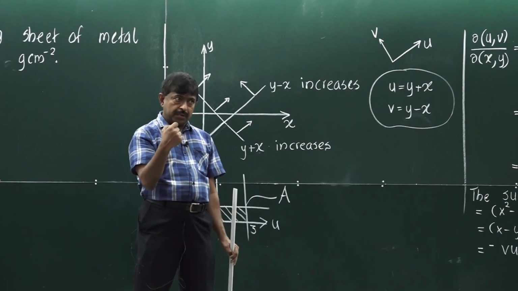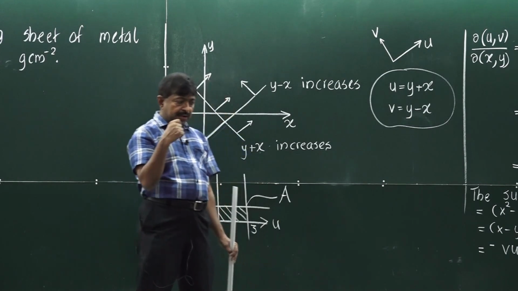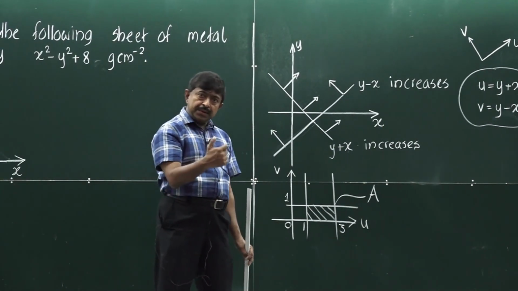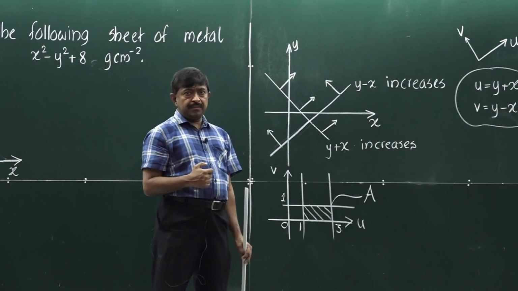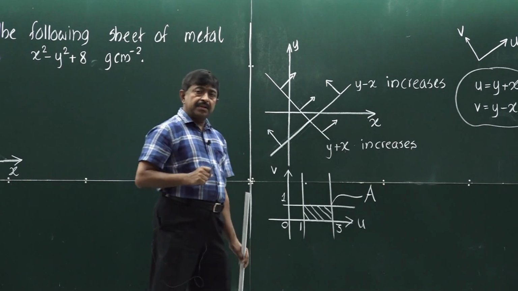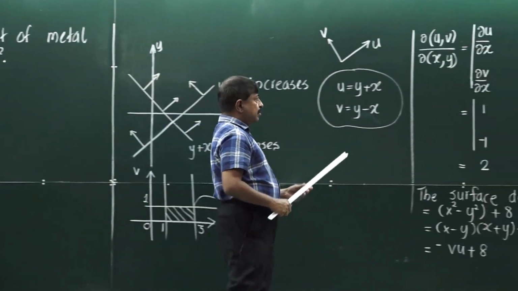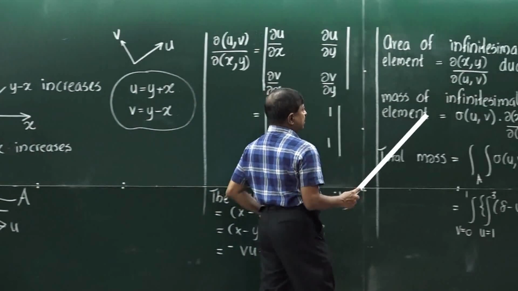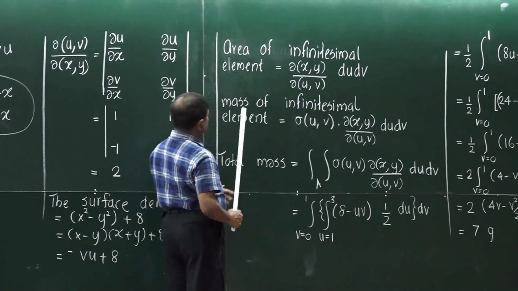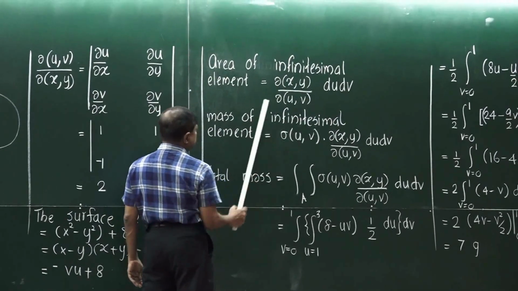There the area of the infinitesimal element was rho d rho d theta. Likewise, you might get a scalar factor in front of du dv. That scalar factor is this Jacobian. So, you have to introduce that Jacobian here.